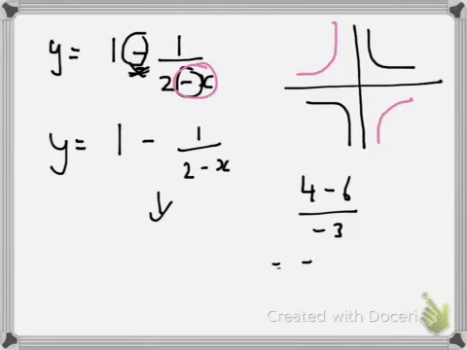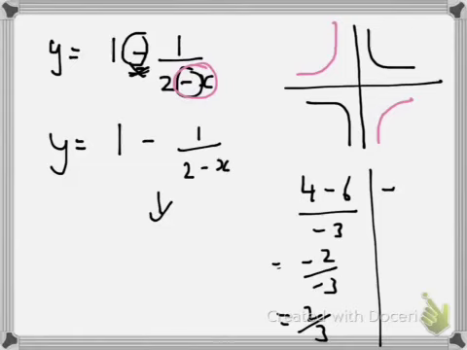That's going to be negative 2 on negative 3, which is the same as 2/3. Take this fraction then and change the signs of everything: negative 4 plus 6 over positive 3. Notice how the two expressions are the same, except I've changed the signs of everything. That equals 2 over 3, same thing.